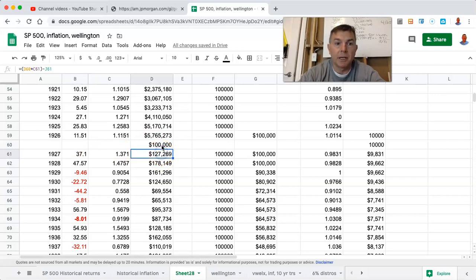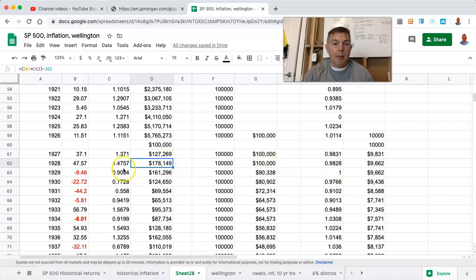So what we're doing is we're taking $100,000, timesing it by 37.1%, which is our rate of return, subtracting the amount that we needed, which is J61 right here, and we're left with 127. We're doing the same thing the following year. So the first 2 years of 1927 and 1928, when we had deflation in both those years, we actually kicked butt, without question. So we're at 178 here with 100,000 sitting in cash.